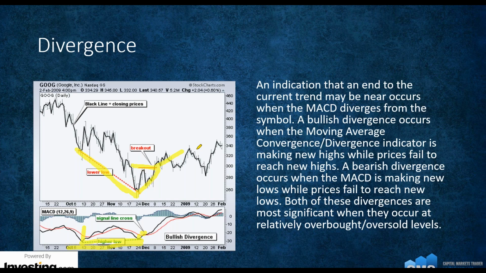Both of these divergences are most significant when they occur at relatively overbought or oversold conditions. So if you can combine overbought and oversold, divergence, and a crossover, you've got something that's screaming at you as loud as it can to either buy or sell, depending on which way it's going.